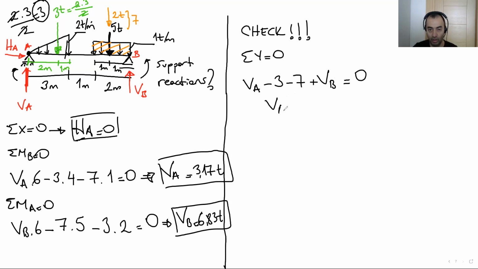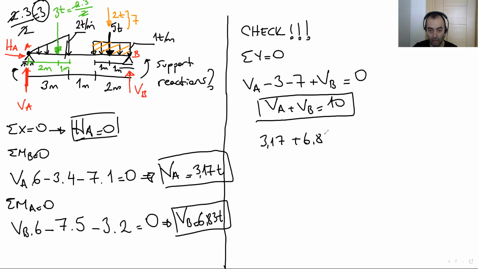So vertical A plus vertical B must be 10 in my calculation. Let's check it. Is it 10? Yes, it's 10. So my calculation is correct.